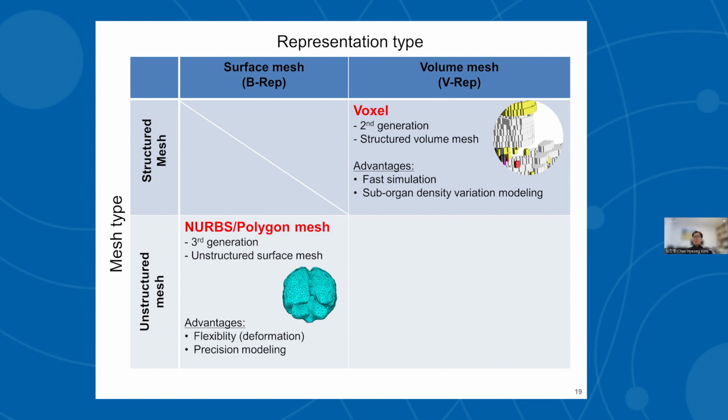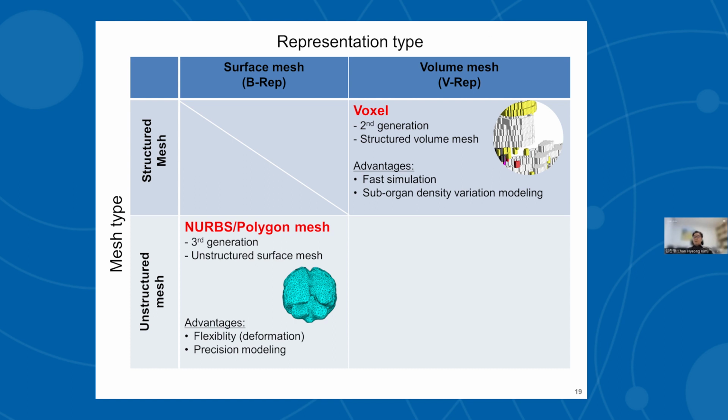Consider that in this geometry, an object or an organ is defined by many volumetric cells, that is voxels. This geometry has the advantages of fast simulation and the capability of sub-organ density variation modeling.